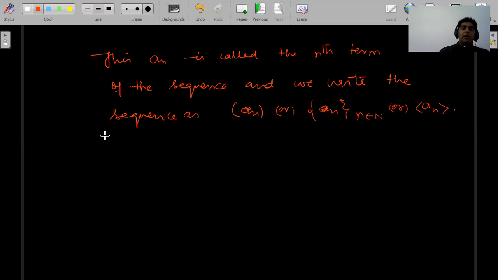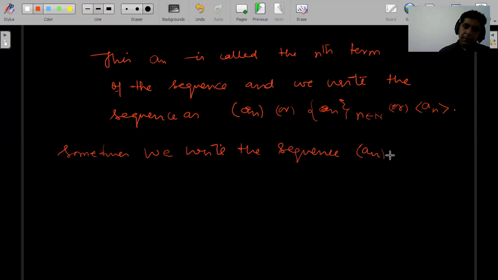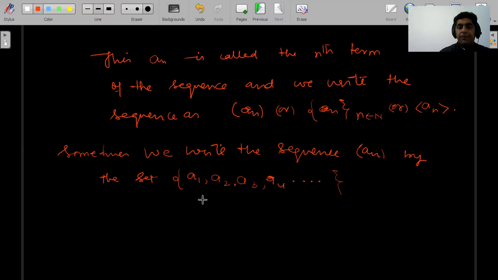So these are the notations of how we write the sequence. Sometimes we write the sequence an by the set a1, a2, a3, a4, and so on. So this is the definition of sequence.